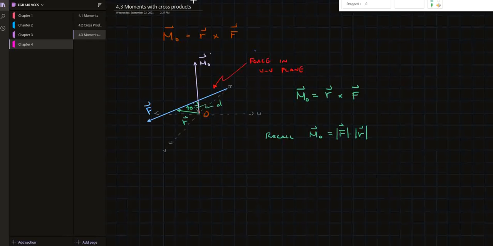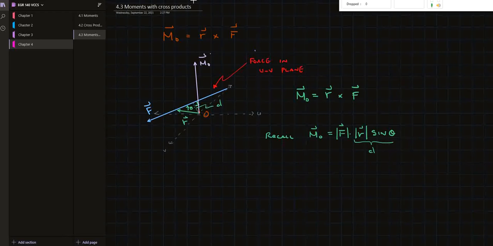So F R sine of theta. This is actually representing d, and this is R magnitude F. So that's going to give us a moment.